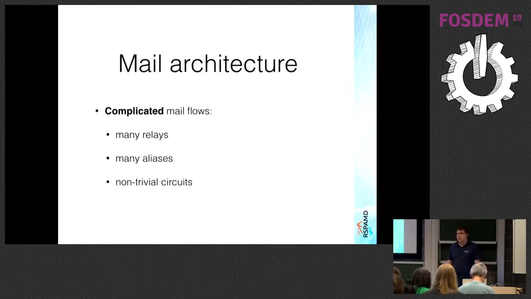In some cases I could see 16 Received headers for a single message because it constantly ping-pongs between different relays. And there are lots of legacy decisions because FreeBSD mail is almost as old as FreeBSD, so lots of decisions are from the 90s when we had something like UUCP.